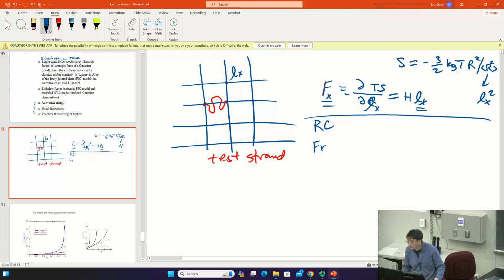I actually should be clear about my notations. I really mean R should be treated as Lx, its averaged value. So in theory, it's a vector. I'm not going to worry about that being a vector.